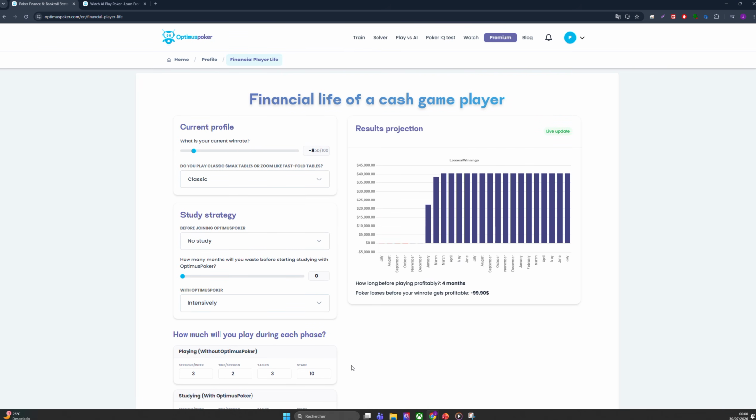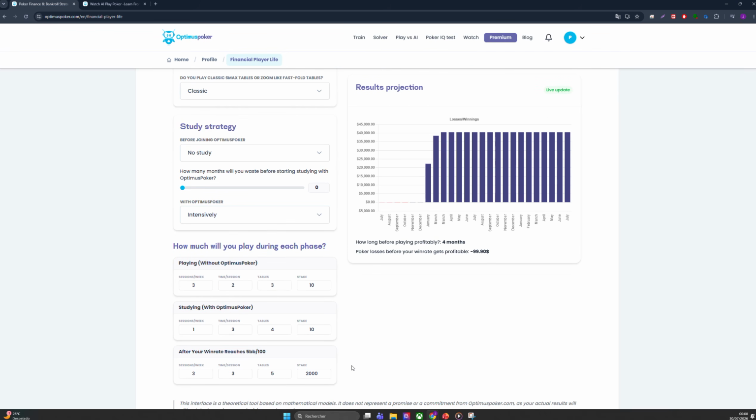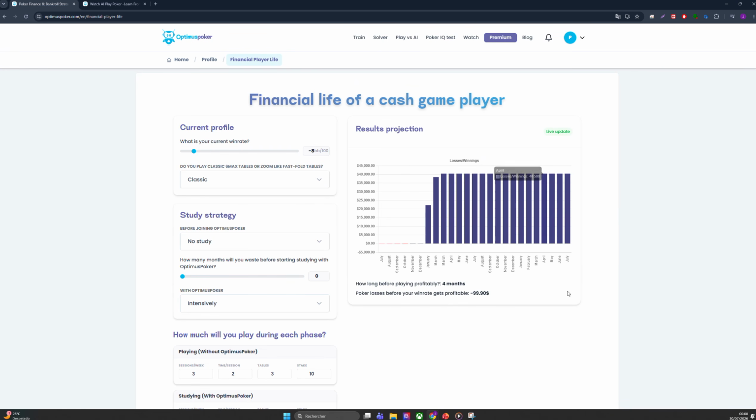And I know examples of poker players who still make this amount of money and eventually much more.